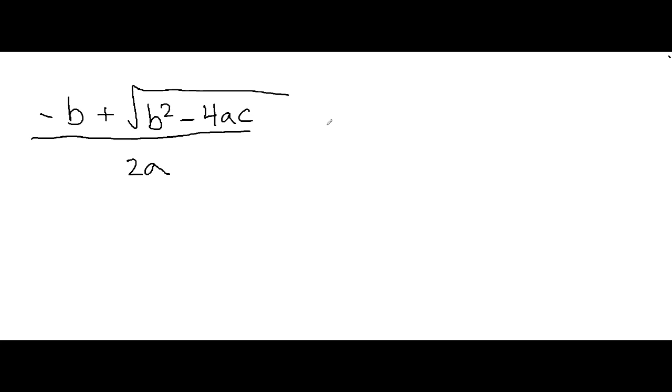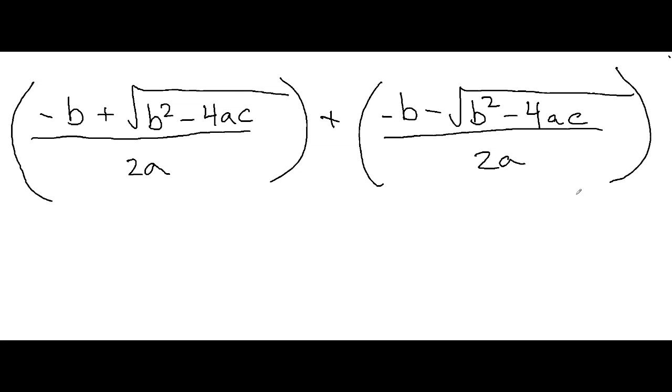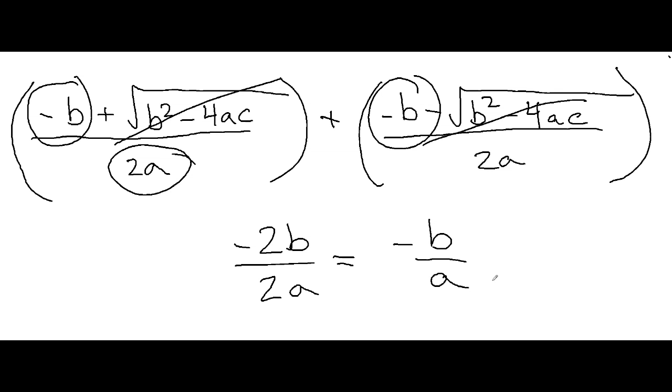So if I have negative b plus the square root of b squared minus 4ac all over 2a as my first solution, and I add that to my second solution, which is negative b minus the square root of b squared minus 4ac all over 2a, you will notice that this term and this term cancel out, and I'm left with negative b plus a negative b, negative 2b over 2a. My 2's cancel out, and I have negative b over a.